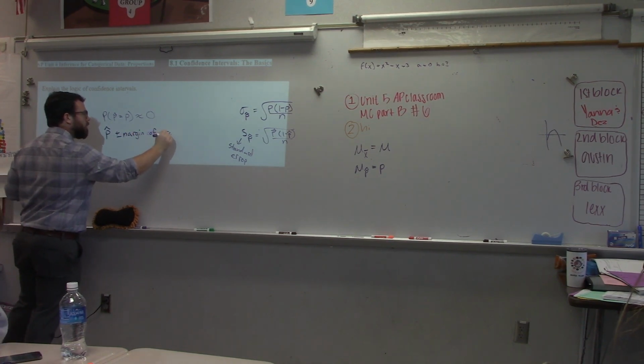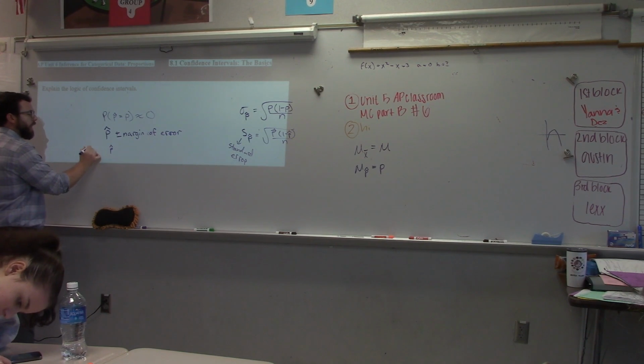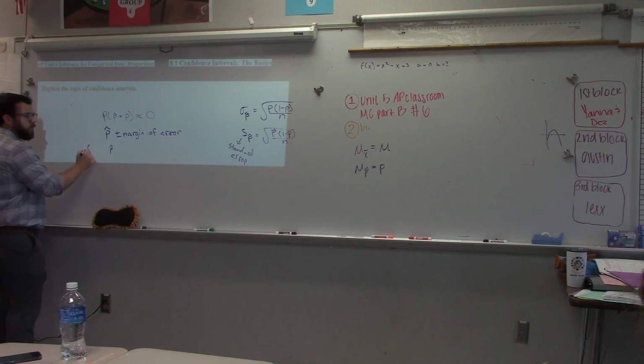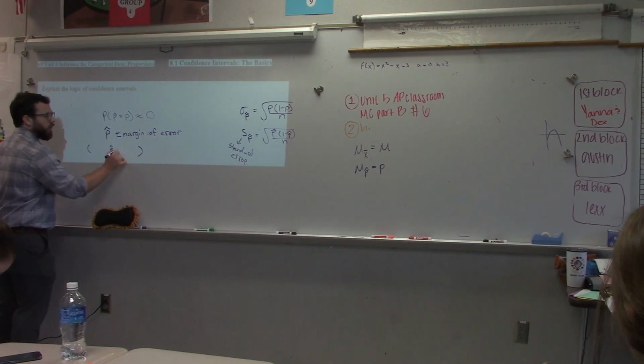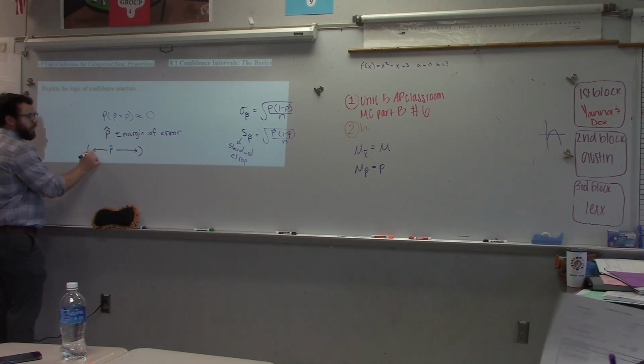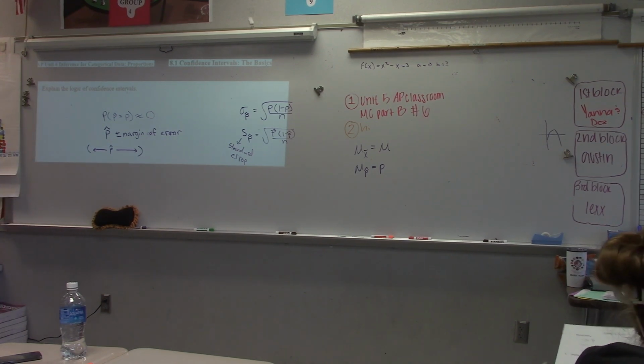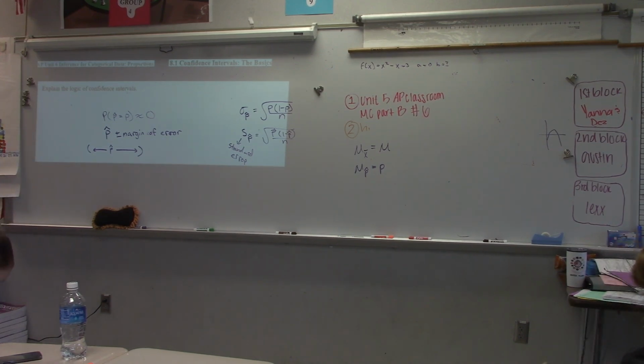We're going to talk about that more over the next couple of days. But remember that margin of error is what allows me to have p hat in the center, and then I have a lower bound for my interval, and I have an upper bound. This is where the margin of error ends above, this is where it ends below. And so we're creating an interval that we are a certain level of confident is capturing the parameter.